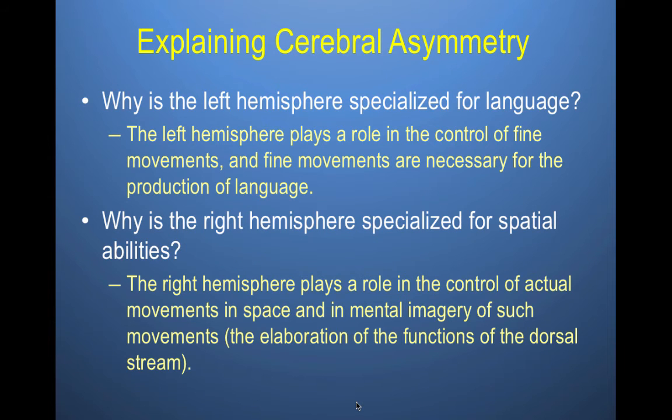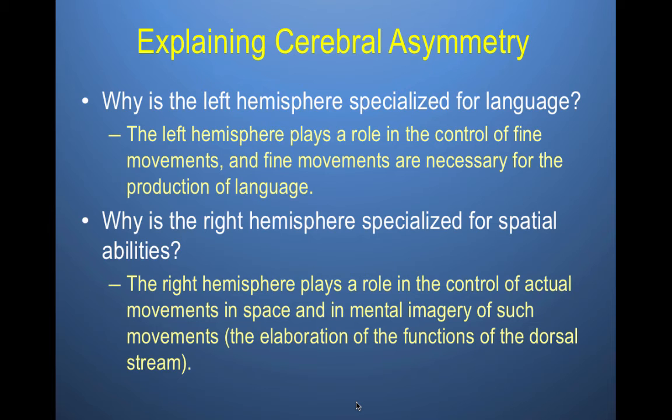So one of the larger questions is, why would you have this asymmetry? What they postulate is that the left hemisphere plays a role in the control of fine movements, and fine movements are necessary for the production of language. So it's quite likely that originally our abilities for language evolved with our ability to produce fine movements.